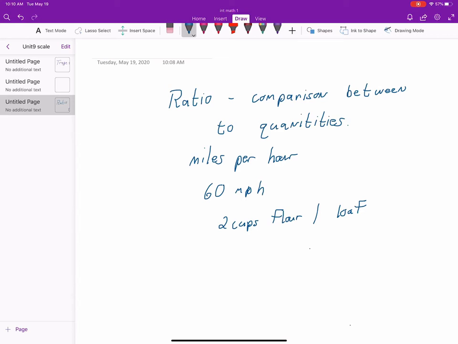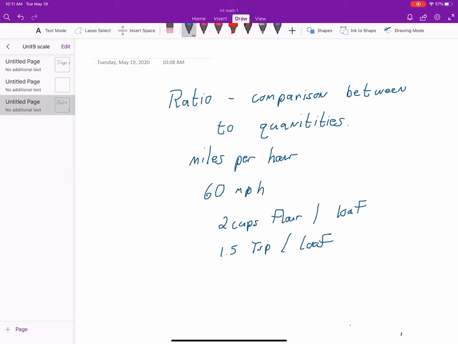Or even if you had 1.5 teaspoons per serving or per loaf, something like that. Anything that you're comparing is going to be a ratio.